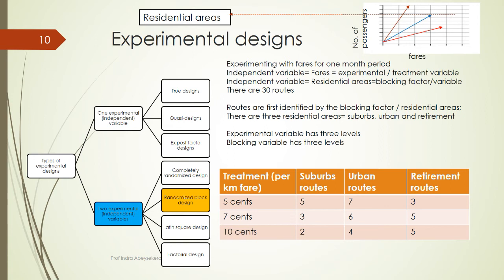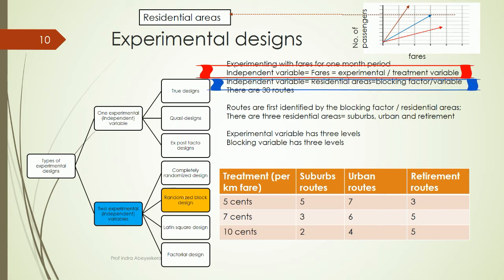The second is the randomized block design. In the randomized block design, we have independent variable, which is the fares that we want to look at the effect on passenger numbers, but there's a blocking variable, independent variable that influences the passenger numbers, which are the residential areas.